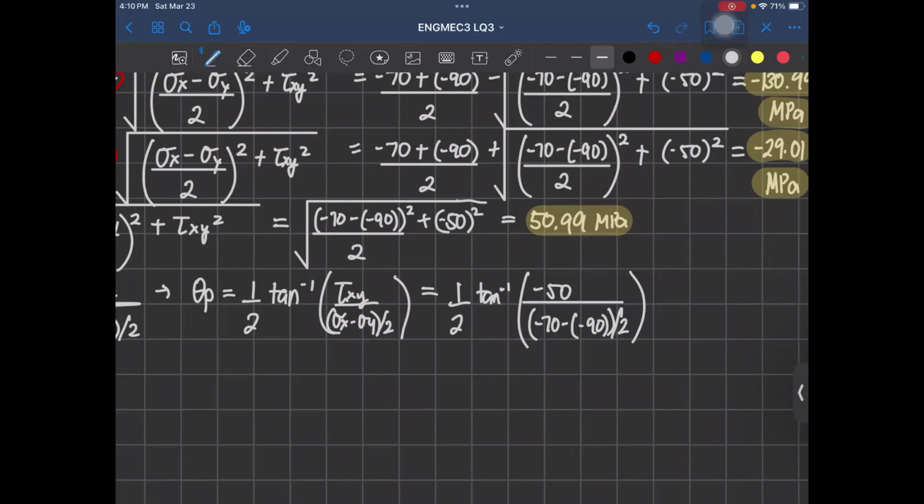Plugging this in the calculator, the answer will be negative 39.35 degrees.